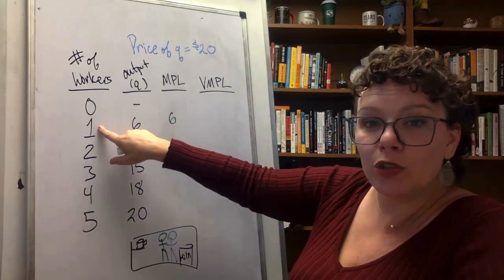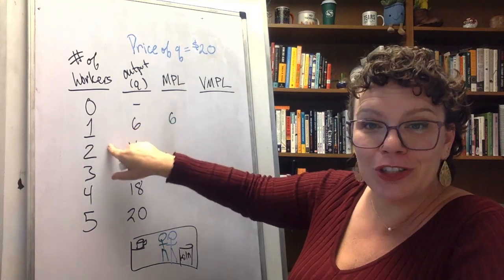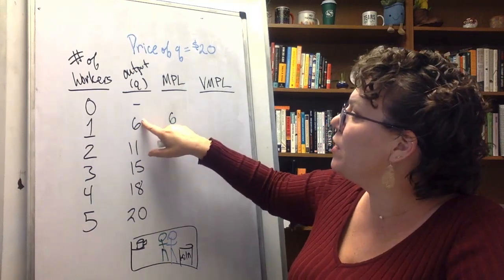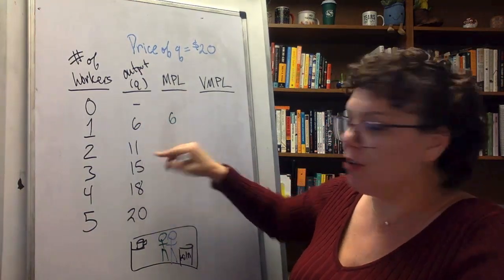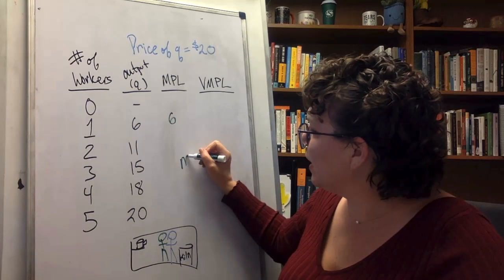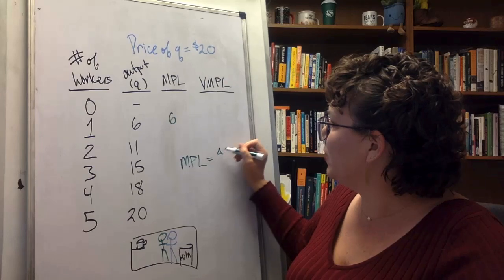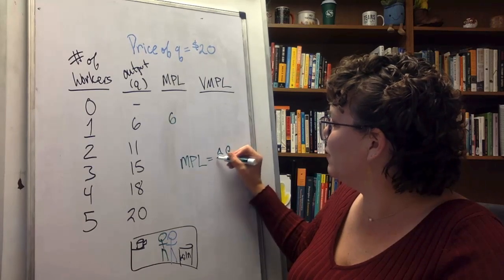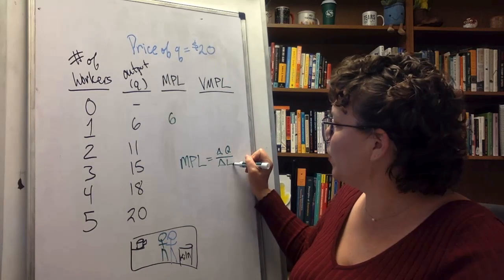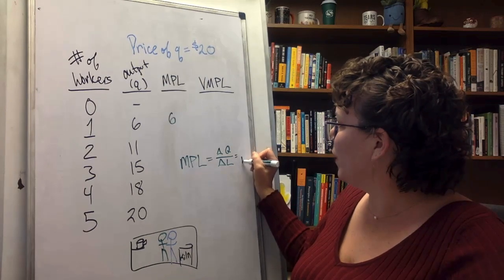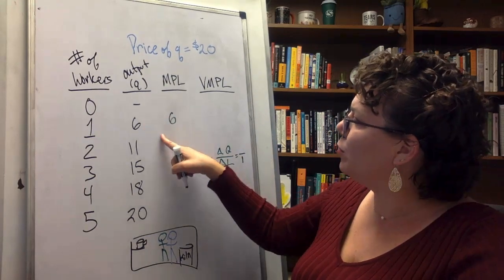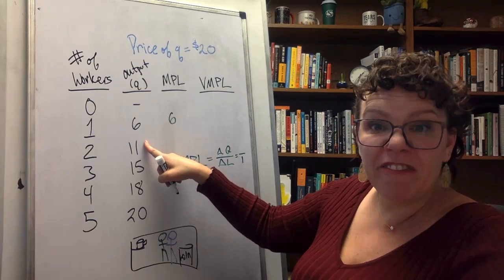So when we go from 1 worker to 2 workers, we're going to go from 6 coffee mugs to 11 coffee mugs. So another way to think of marginal product of labor is that it's the change in quantity divided by the change in labor. Our labor is going to go up by 1, and our output is going to go up by 5.